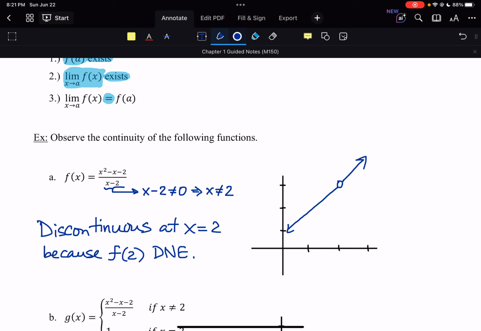Just pretend that that's straight. Something like that. So this is roughly what this graph looks like. And again, if you're talking about it graphically, if I'm drawing the curve, I have to stop and pick up my pencil to move it over this gap, this hole in the graph, and then keep on going. So we have a discontinuity at this point at x equals 2.